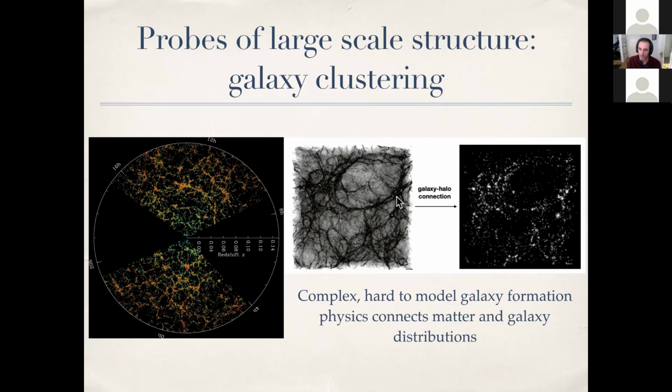The connection between the galaxies and the dark matter distribution, sometimes referred to as the galaxy halo connection, is very complicated, and it depends on galaxy formation physics that we don't fully understand. Often, in order to learn anything about the matter distribution from the galaxy distribution, we have to parameterize our ignorance of what this connection is, marginalize over those parameters, and hope that there's still some information remaining once we do that.